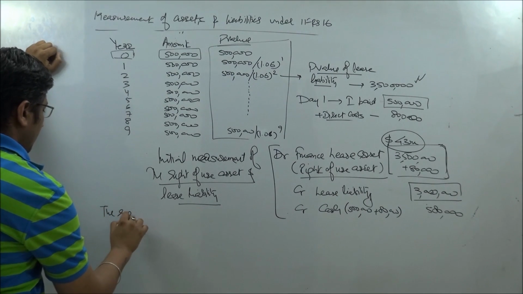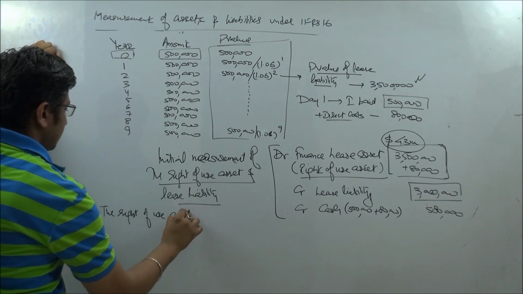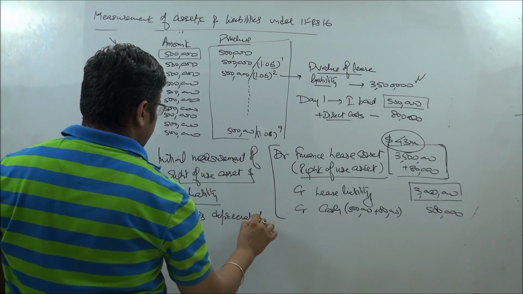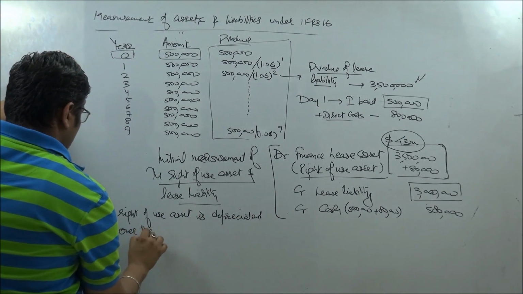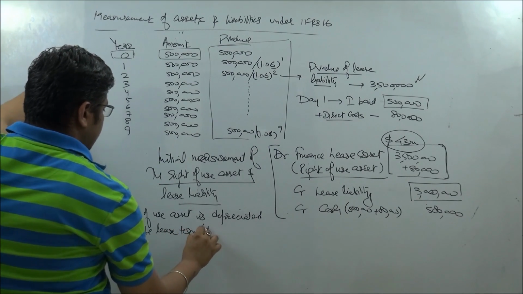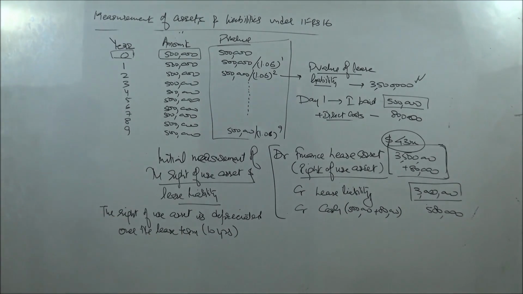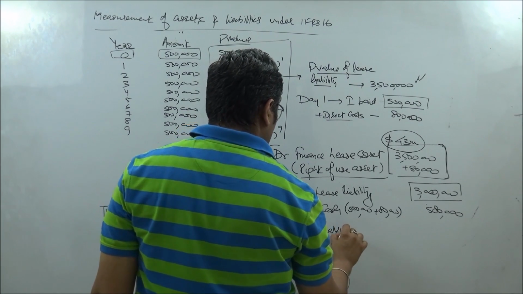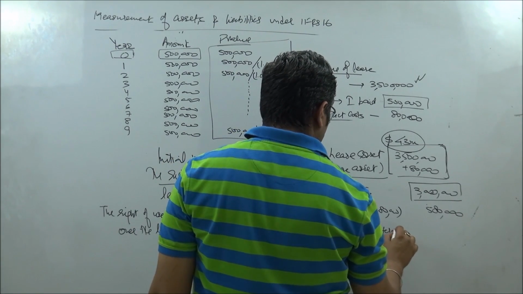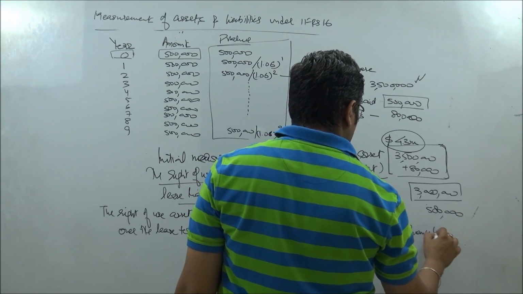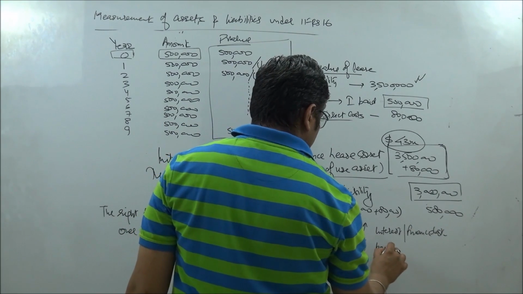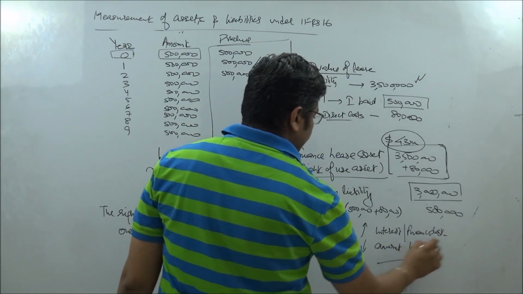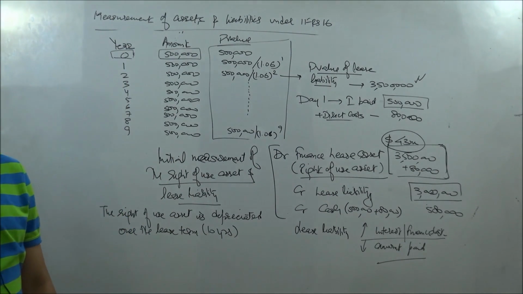The right of use asset is depreciated over the lease term, which originally is of course 10 years, and the lease liability increases by the interest or finance cost and is reduced by the amount paid over the balance lease term.